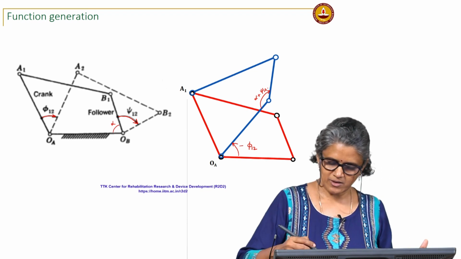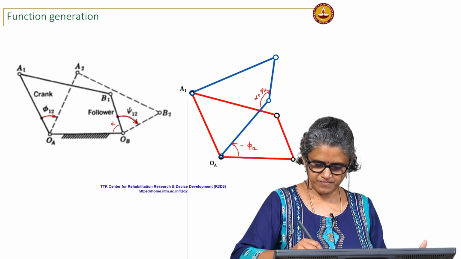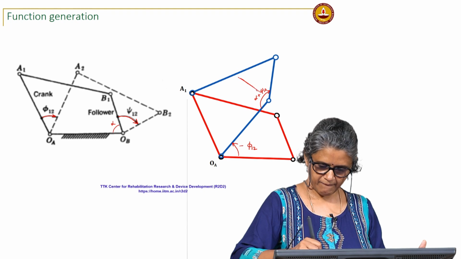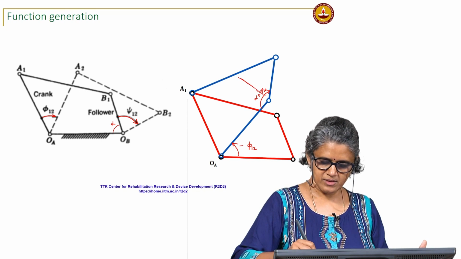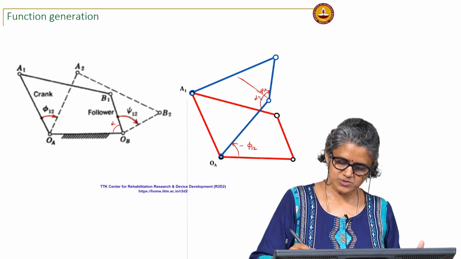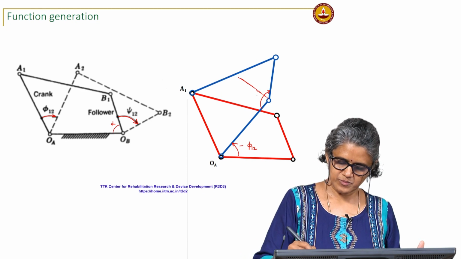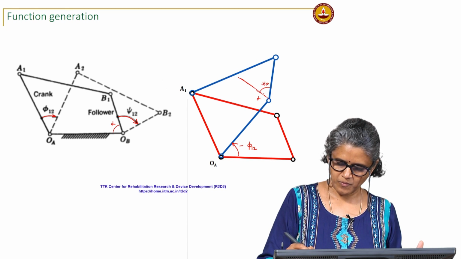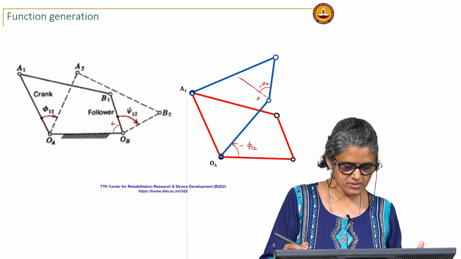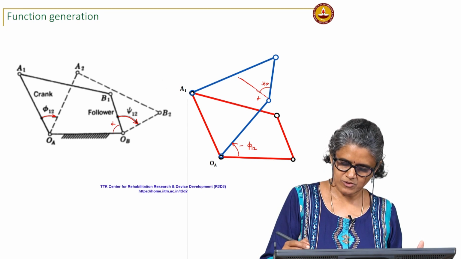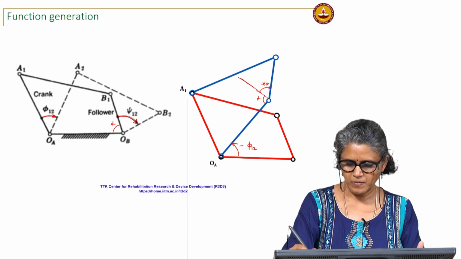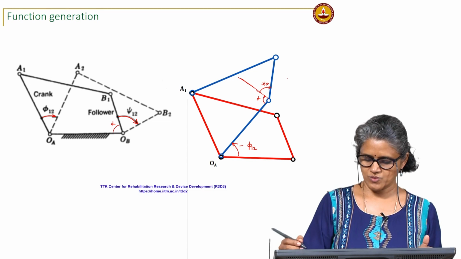So, this would be alpha, and this angle would be psi 1 2.